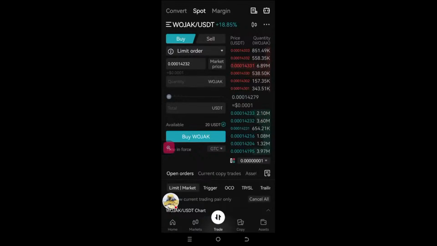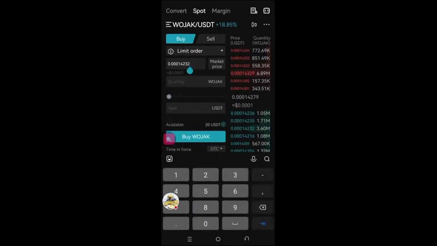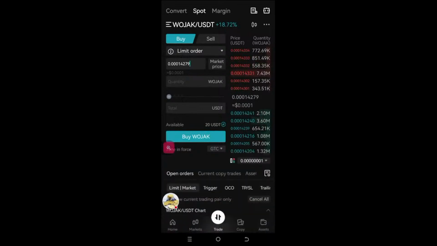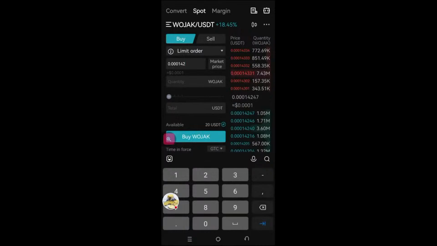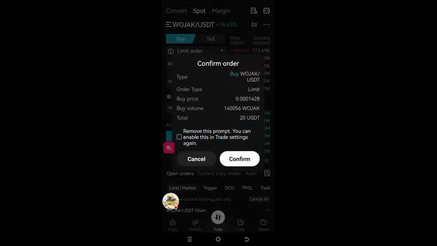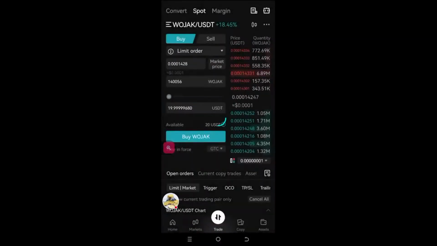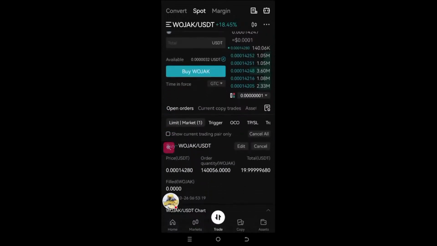It's expensive right now, but that's the only way we can get it bought. Wow. Let me see if I put this at 14. This is 14279. I put it at 1428. Let me see if it will allow me to buy.